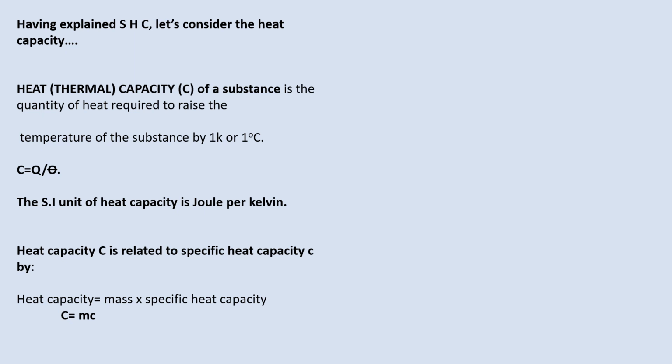It can be defined as the quantity of heat required to raise the temperature of a substance by 1 Kelvin or by 1 degree Celsius. Heat capacity is denoted by capital letter C, and the formula is C equals Q divided by change in theta. The SI unit of heat capacity from this formula is joules per Kelvin.